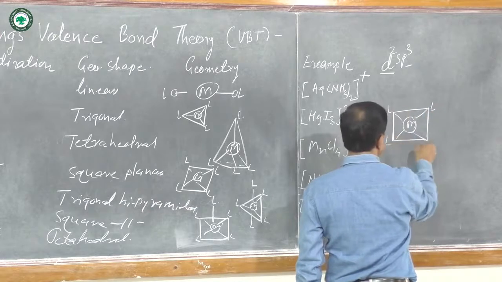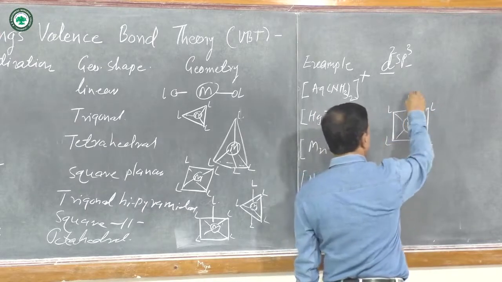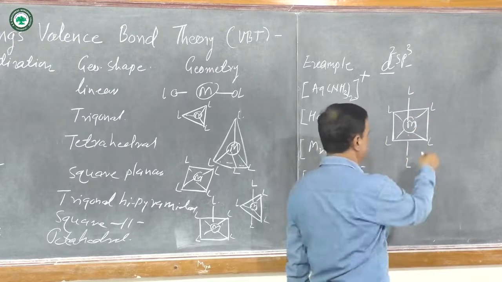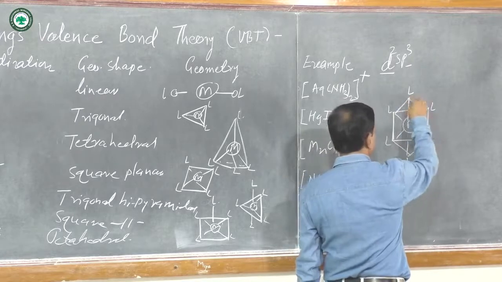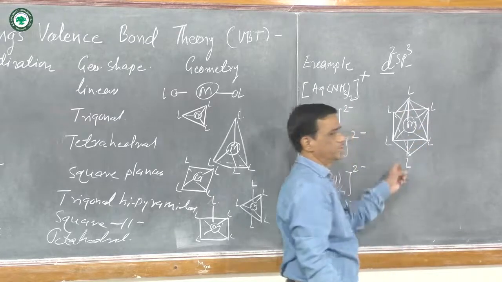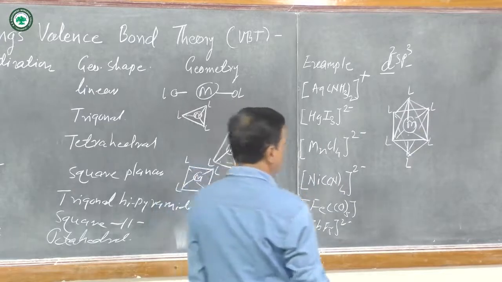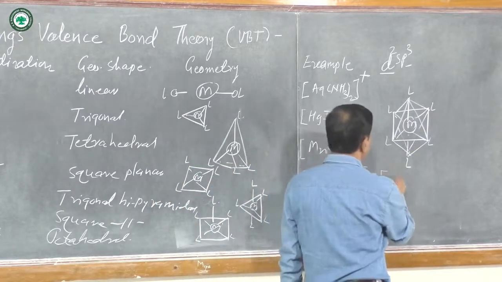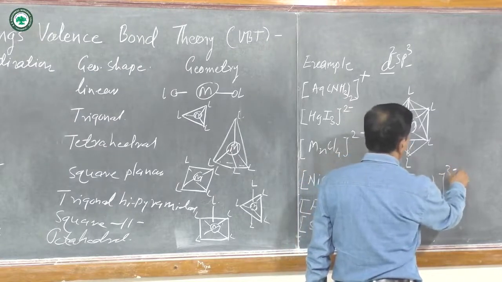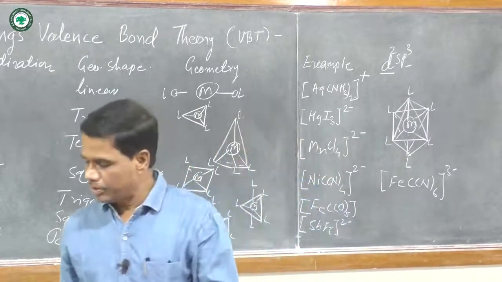Then four ligands are at the regular corners of the square. Then one ligand is above the plane and the second is below the plane. This octahedral structure is represented like this. This is the octahedral arrangement of the complex compound. Here the example is suppose there is a formation of Fe(CN)6 3- complex ion. All these are the various types of hybridizations.